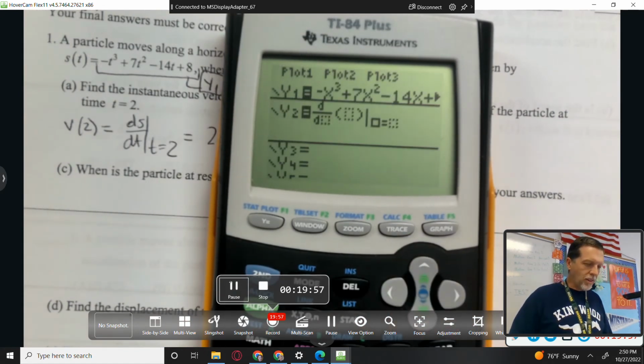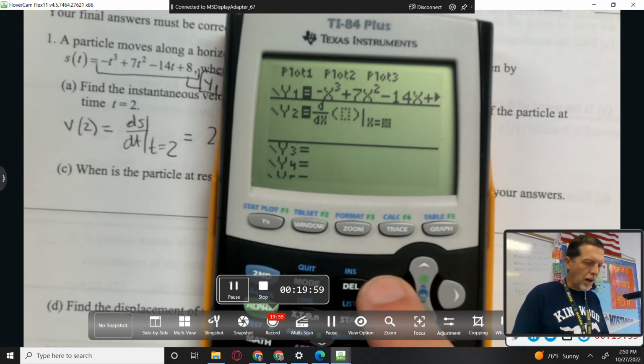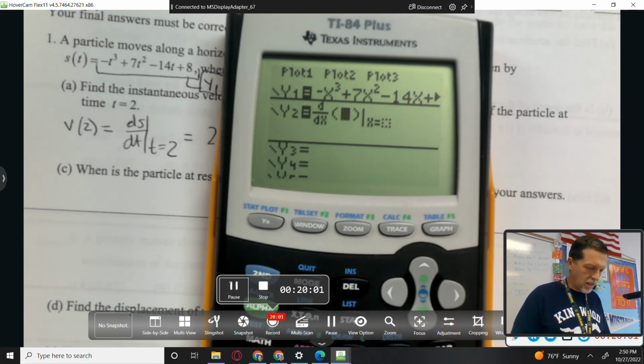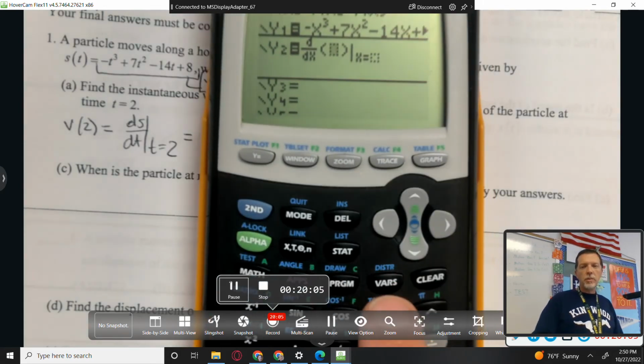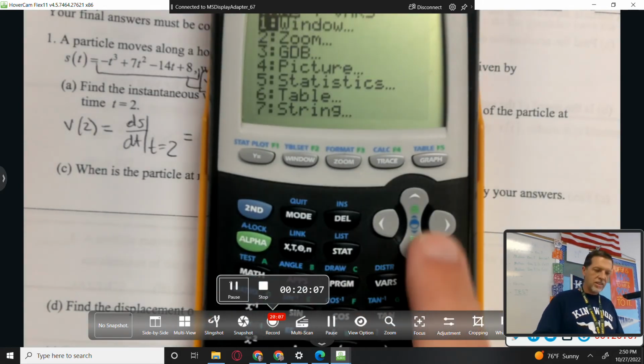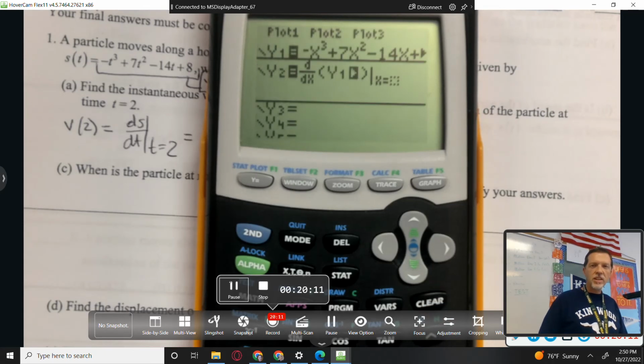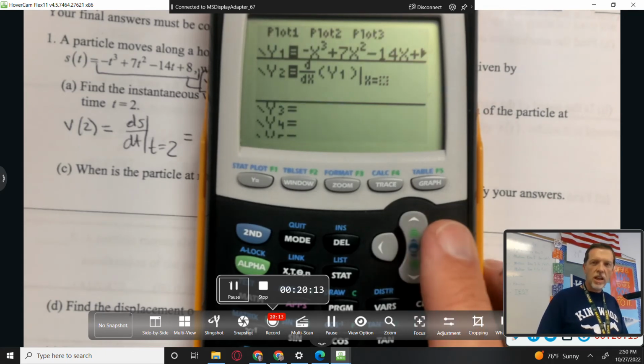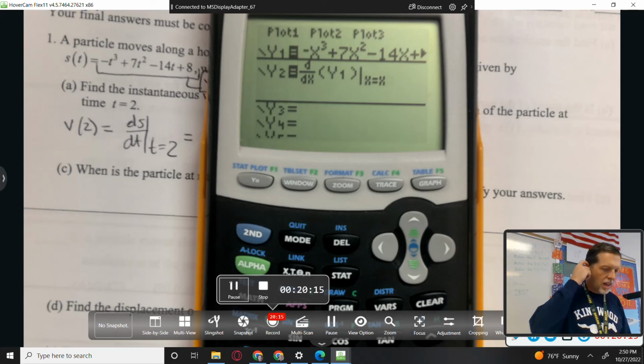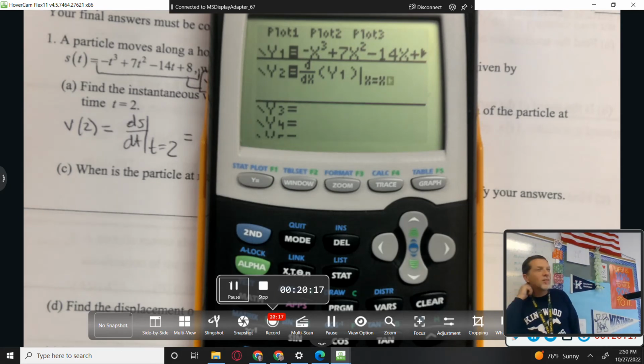And you can say, I want the derivative of y1. How do you get y1 in there though? y1 is a variable, so you go to vars, yvars, function, at x equals x. This is crazy, but this is you trying to tell your calculator, hey, graph the derivative of y1, not just at one spot, but at all the spots.